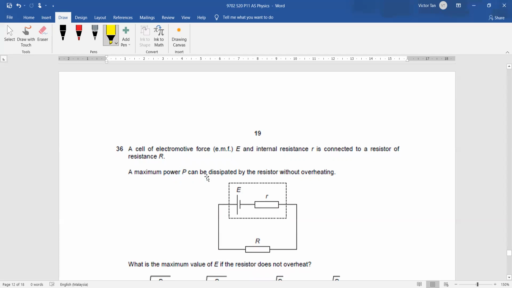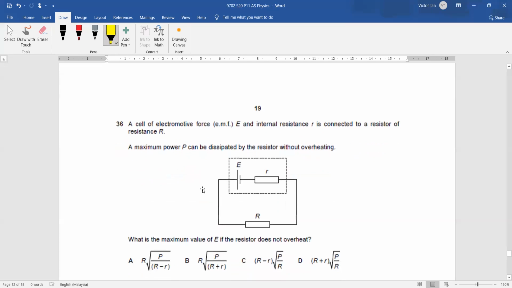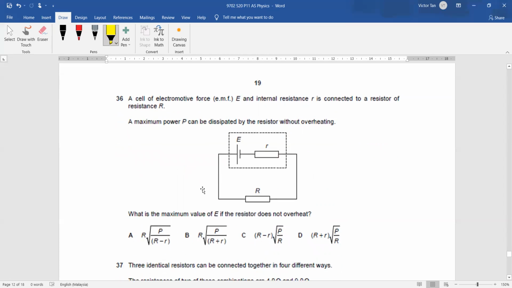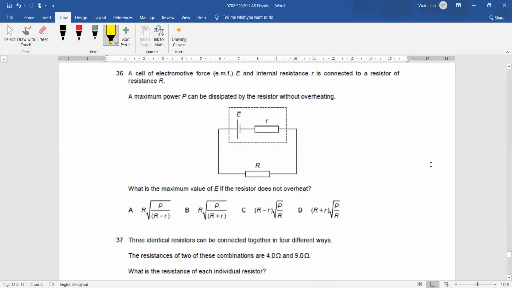A cell of electromotive force E and internal resistance R is connected to a resistor of resistance R. A maximum power P can be received by the resistor without overheating. What is the maximum value of E if the resistor does not overheat?